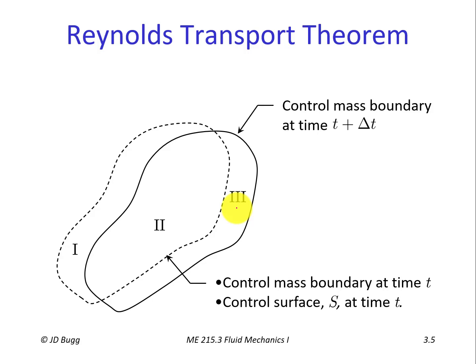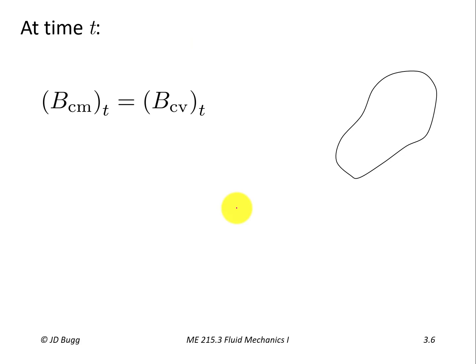Okay, so we want to start comparing the amount of B in the control mass and the control volume. First of all, we look at time t. Remember, at time t the two things coincide, so we have a smaller version of our control volume over here. Control volume and control mass are exactly the same thing at time t.